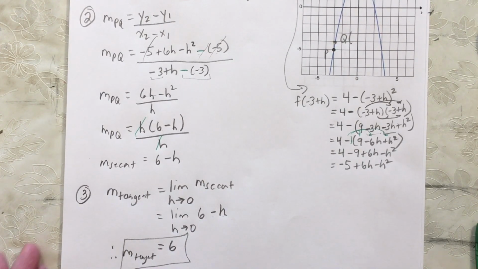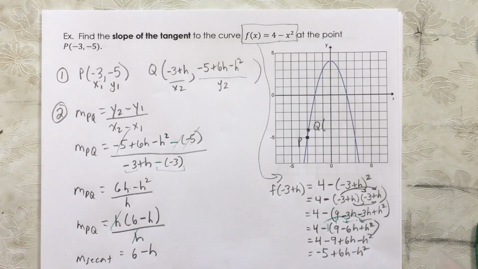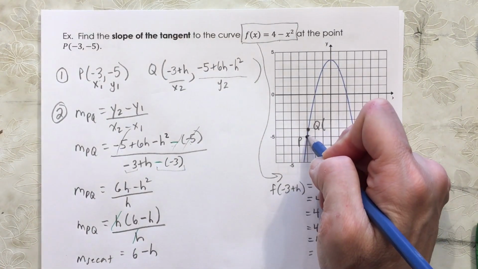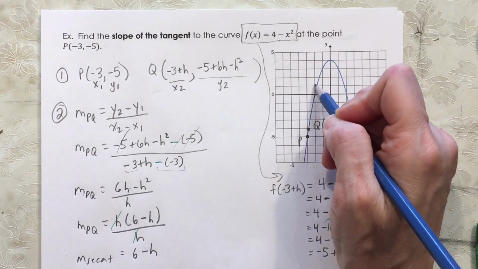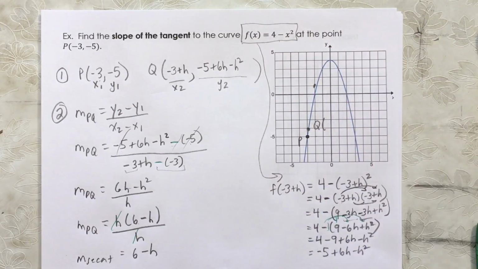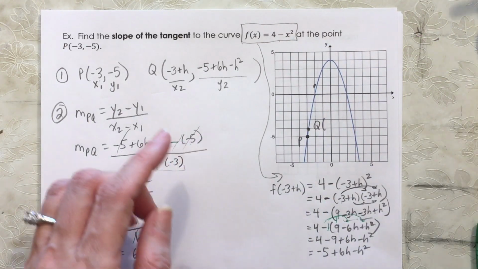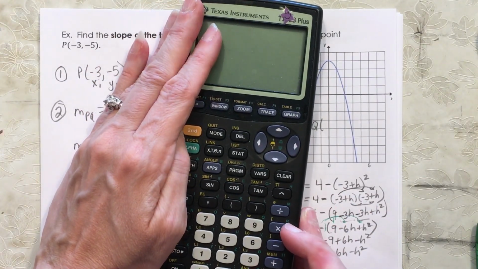Okay, and again, what does that mean? That means that if I was going to draw a tangent line in at point P, it would have a slope of 6 over 1. So over 1, up 1, 2, 3, 4, 5, 6. And we kind of fall off the curve there. But we can draw in our tangent through P and this other point.